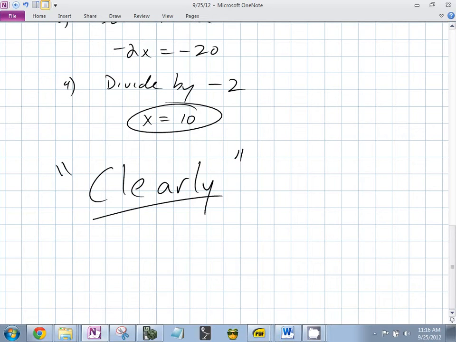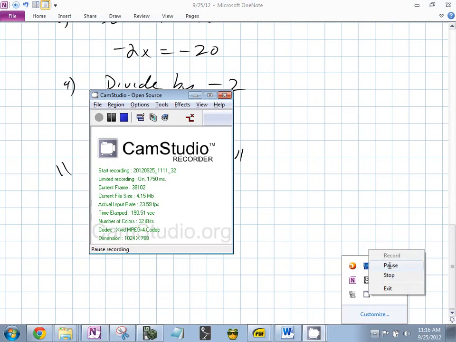When you see the word clearly, either you already understand exactly what's going on, or you don't, and the book just insulted you. Think about it. It's either something blindingly obvious, like 2 plus 3 is 5, or you don't see it, and the book is screaming at you, ha ha. The reason it's used is because I think people writing some of the books are lazy, and they don't want to write out all the work, so, like, clearly this is true. I'm like, no, it's not!